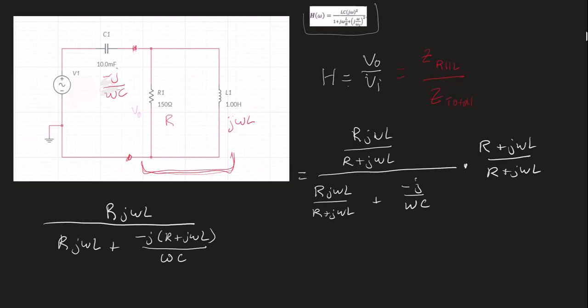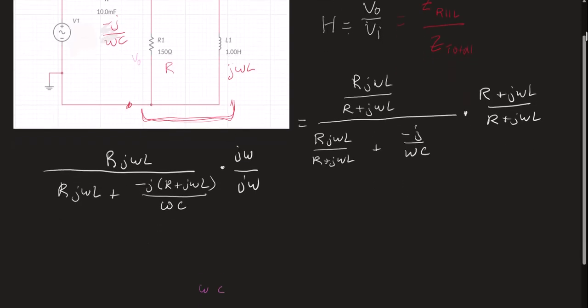So now I'm still trying to make it look like the function up here, and I see that I've got a j omega squared, so I'm going to multiply this by j omega over j omega and see what happens.